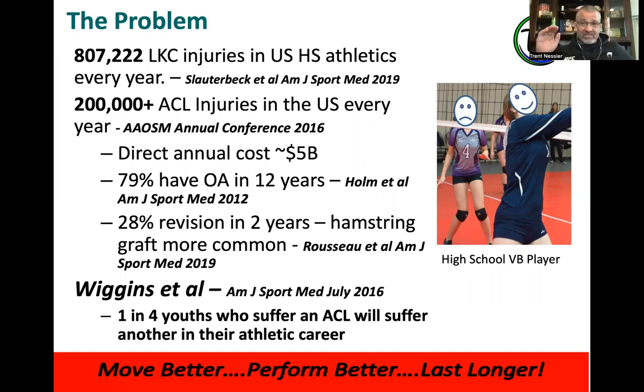Now, some studies say 200,000, some say as high as 300,000. And that's a lot of ACL injuries, especially when we consider that over 80% of those are non-contact in orientation. Non-contact in orientation is good because those are the ones that we can potentially prevent. But sadly, despite all of this research, we're still not preventing them.